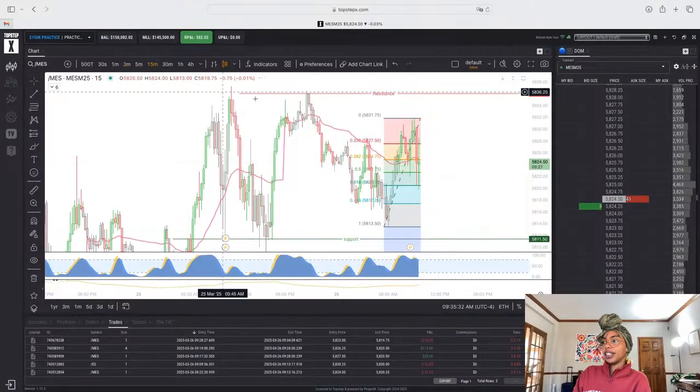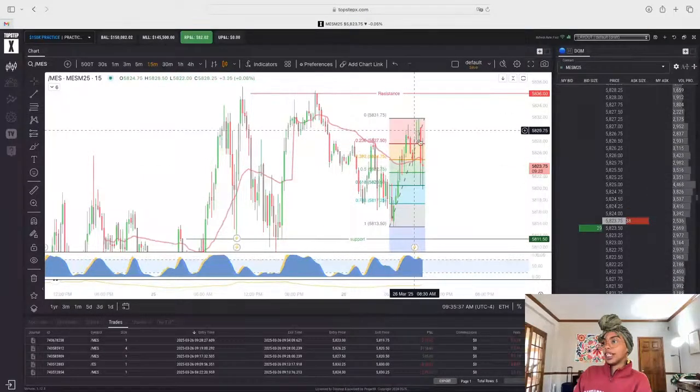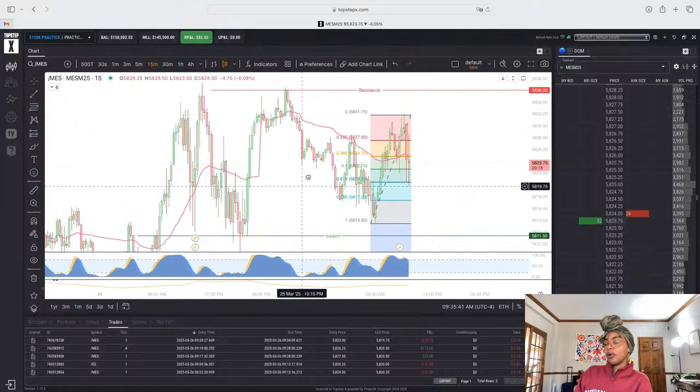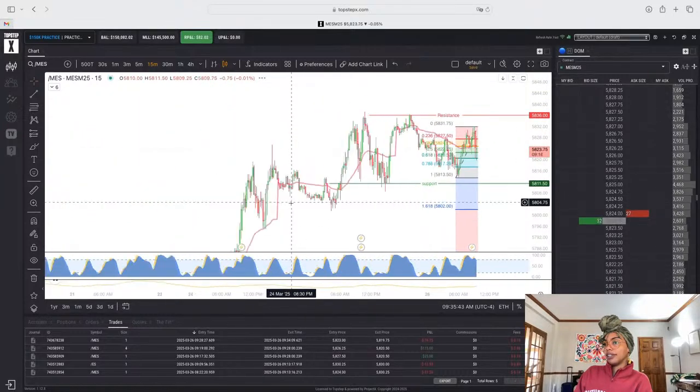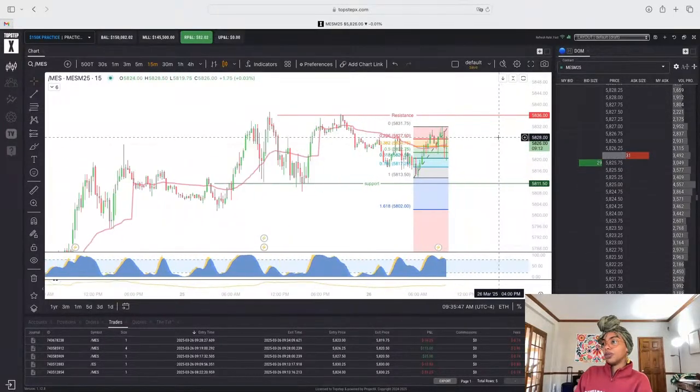So we'll look at our higher time frames. Make sure we get out of this. If we're just playing this range back and forth, now we have a new level of resistance. Remember, we are in an overall kind of buy trend here, even though we do have this sideways movement.